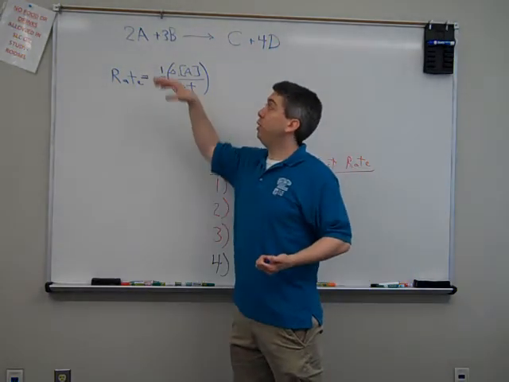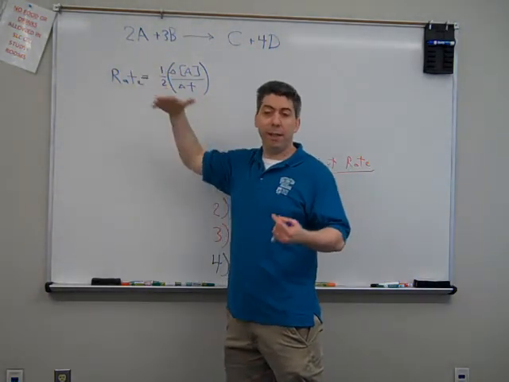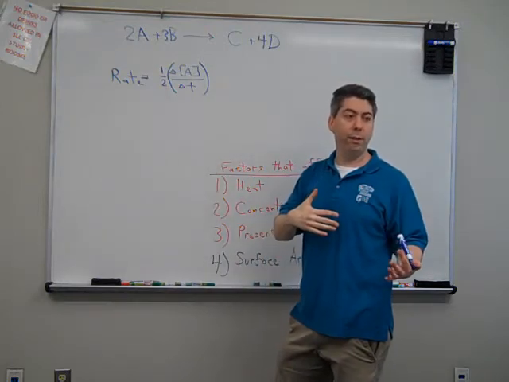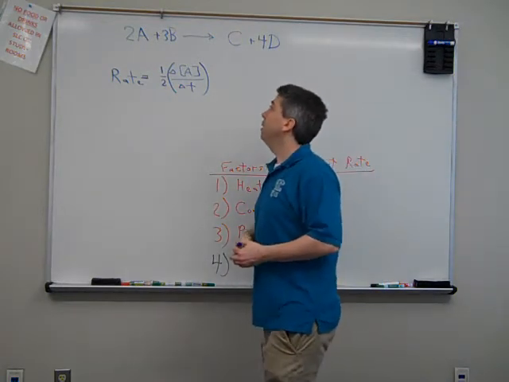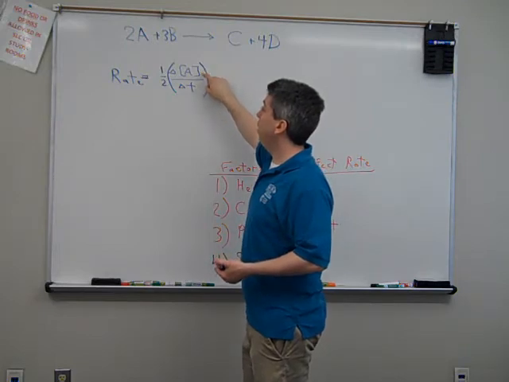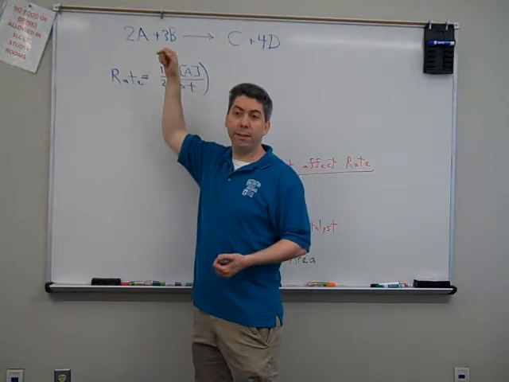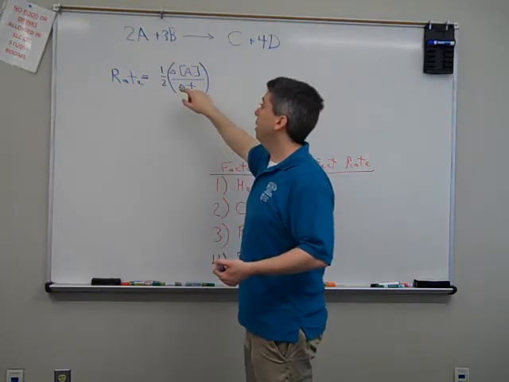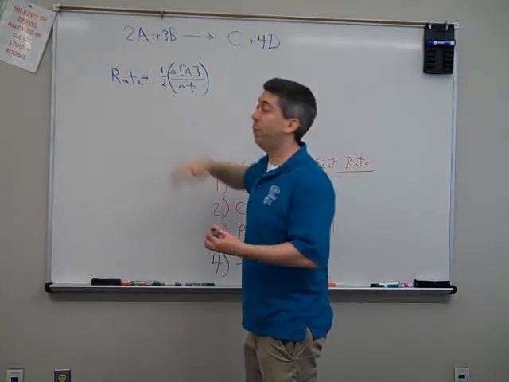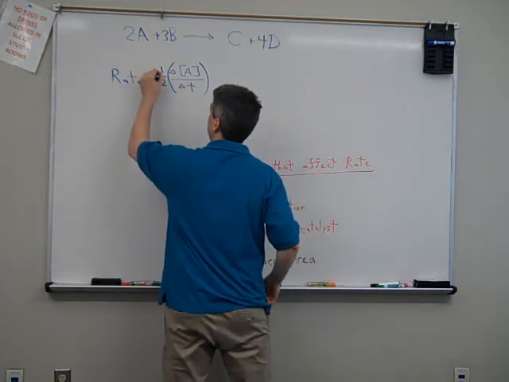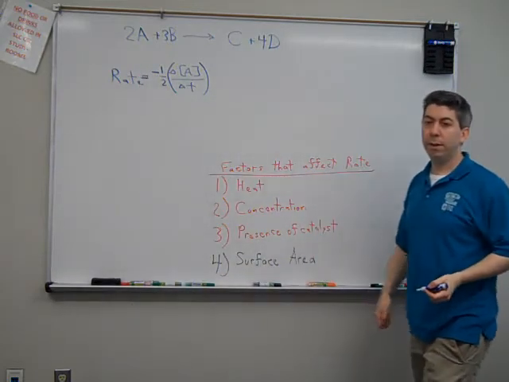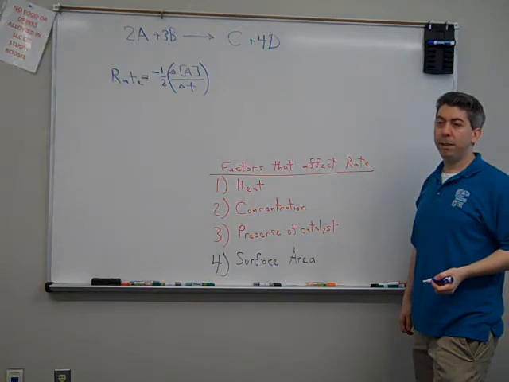There can be a negative change in how much A is left, because A is going to go away over time as it's being reacted. So the change in A over change in time is negative, since the concentration of A is decreasing. To make the rate of the reaction positive, we have to slap a negative in front of it. Okay. Does that make sense?